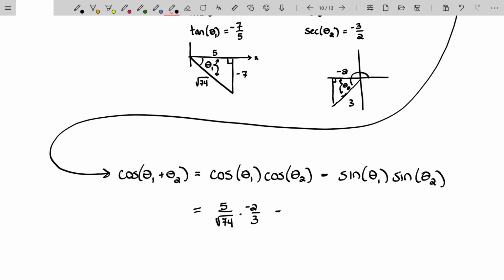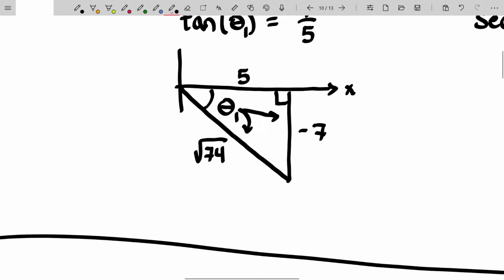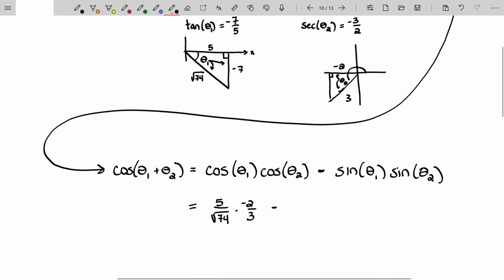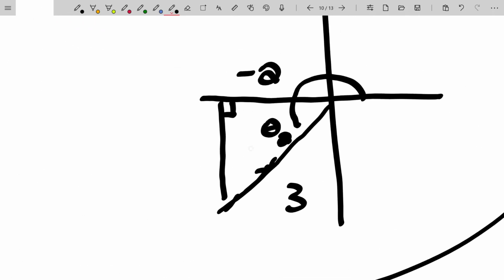And then minus sine of theta 1. Going back over here to theta 1, the sine is opposite over hypotenuse. Negative 7 over root 74. So negative 7 over root 74 times sine of theta sub 2. Sine of theta sub 2 requires me to have the opposite over hypotenuse. Well, that's just going to be a quick Pythagorean theorem problem.